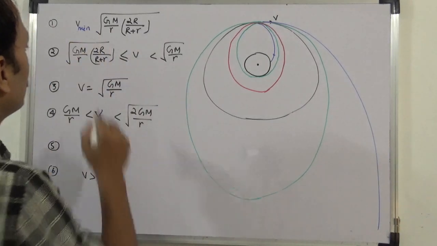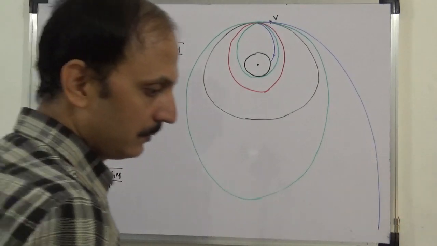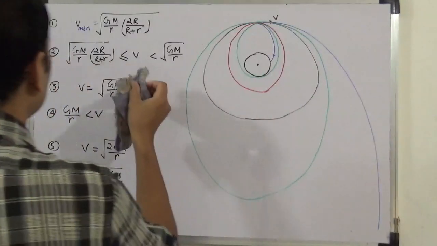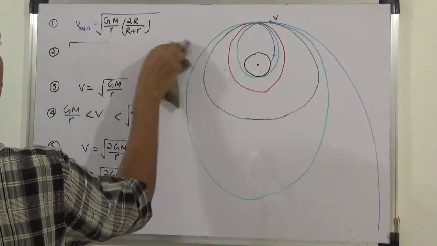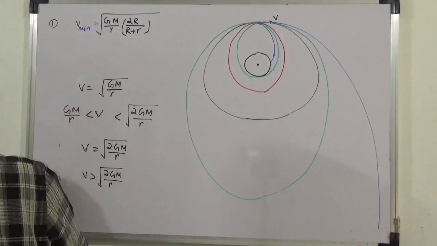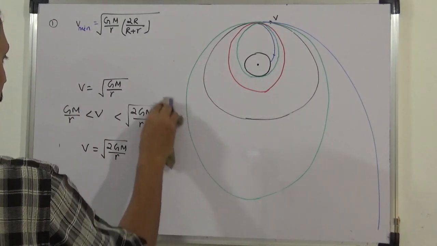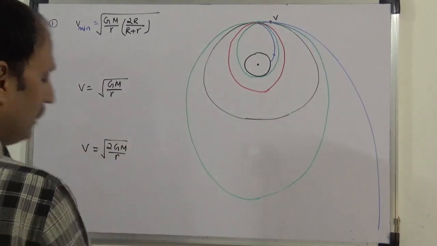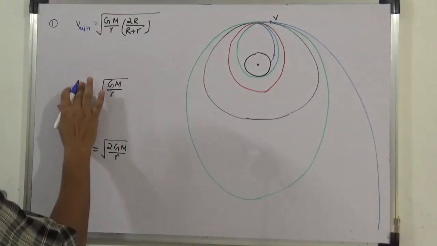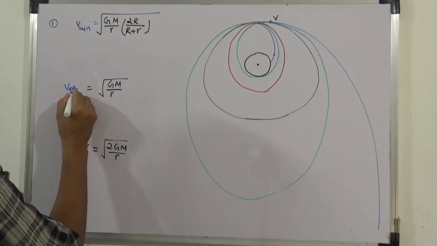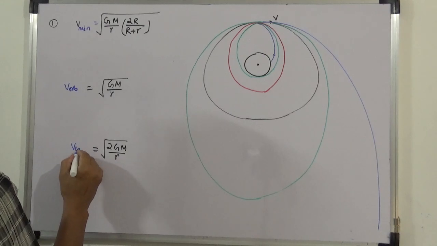V minimum is this. I am taking 3 here. This is V orbital. This is V escape.